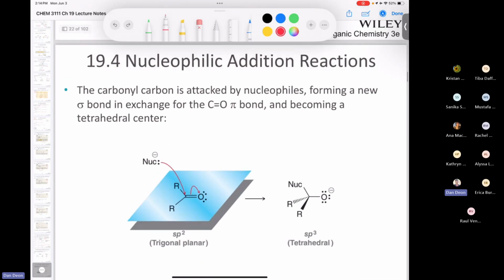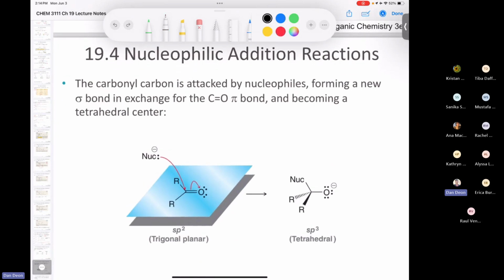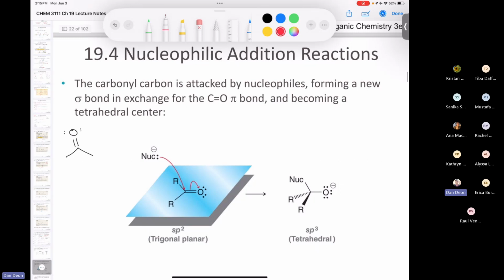So a little bit more on that, okay? If we think about the carbonyl carbon, if I just redraw a carbonyl carbon like this, we all know that the carbonyl carbon is sp2 hybridized, and therefore it is trigonal planar, right? It's flat. The bond angle is 120 degrees here. So what that means is that the nucleophile can attack from either face of our carbonyl.